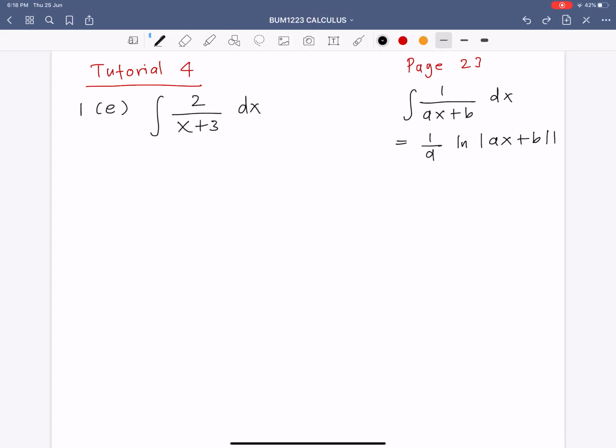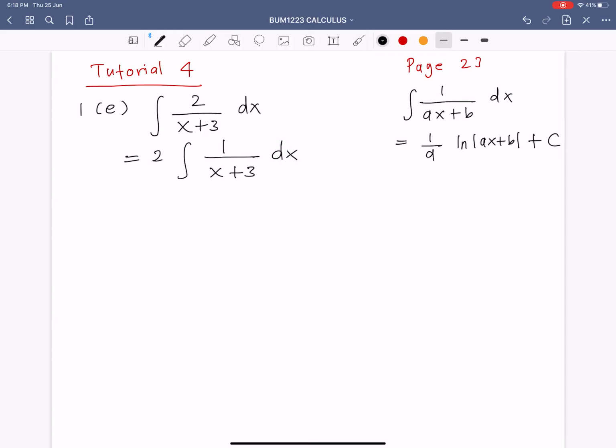ln modulus ax plus b plus c. Okay, so if you see here, our question, integration 2 over x plus 3 dx, is actually 2 times integration 1 over x plus 3 dx.